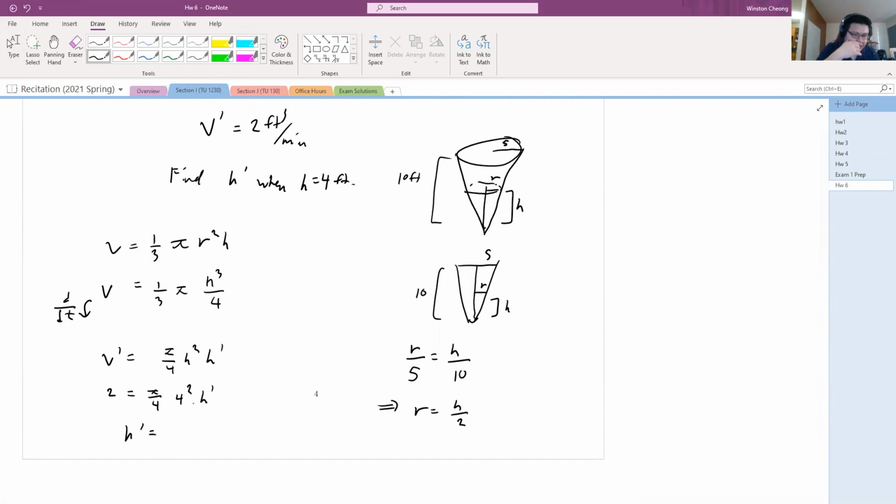Did I do something wrong? Yeah, okay. I guess I wasn't paying attention when I first did this. So I'm getting 1 over 2 pi because I'll get a 1/2 here and then I'll divide by pi again. Yeah. And this is measured in terms of feet per minute. Okay.